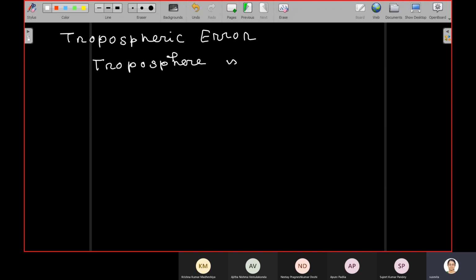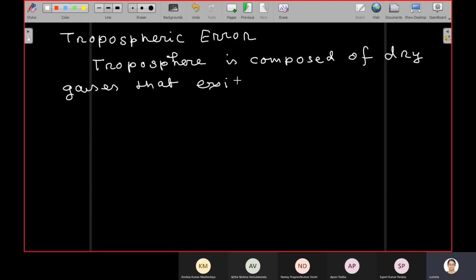The troposphere is composed of dry gases that exist up to hundreds of kilometers, but generally above 40 kilometers or so, the tropospheric error is negligible. Okay? Maximum 80 kilometers.